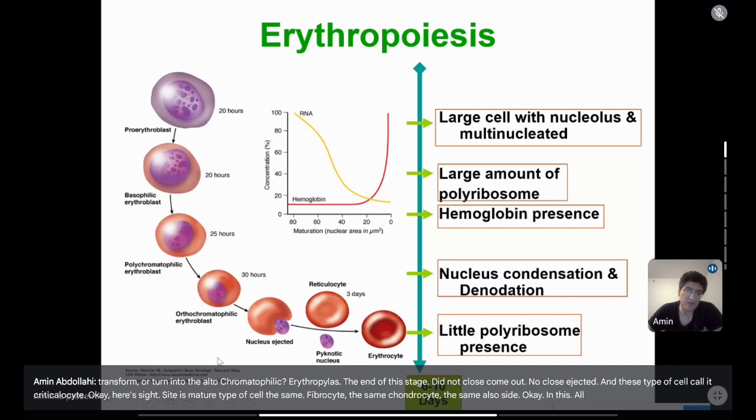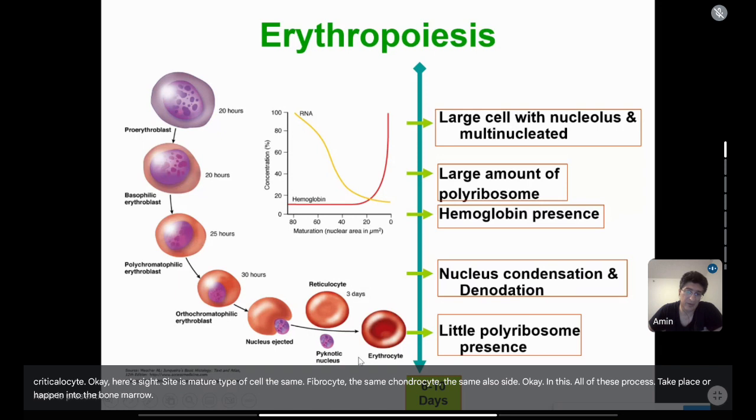All of this process takes place in the bone marrow. In this step, the erythrocyte comes into the blood flow.